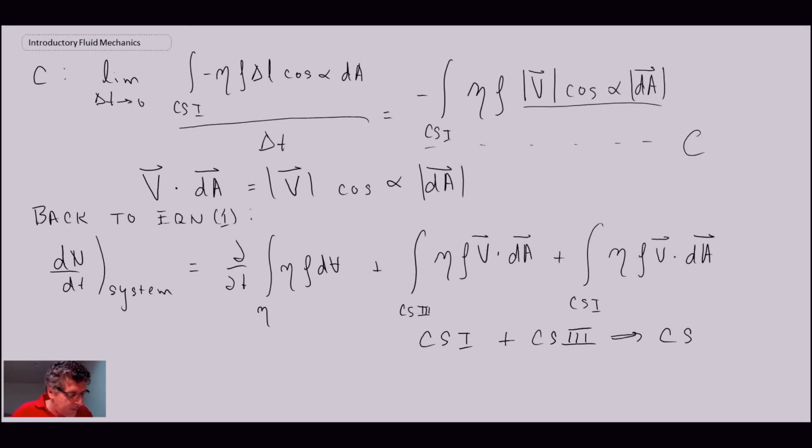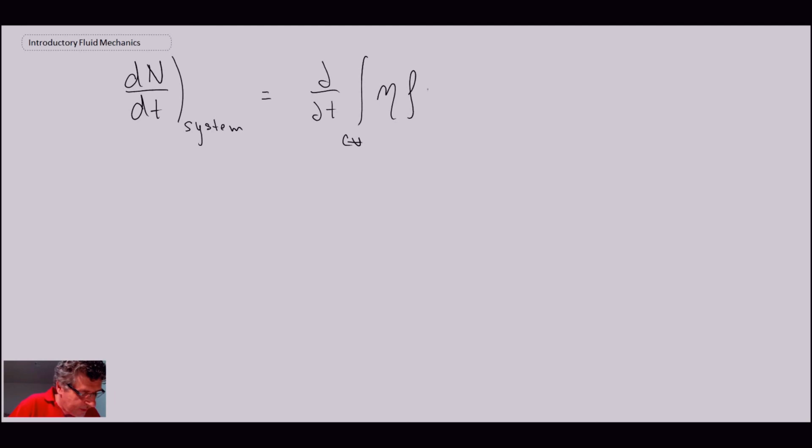So we can couple those together and we can rewrite the time derivative of our extensive property, which goes into our basic laws. So this term here is a system formulation. And on the right-hand side of the equation, it has been recast into a control volume formulation. So we can use it then for control volume analysis by applying our basic laws, the laws of conservation of mass, momentum, be it linear or angular, and energy.